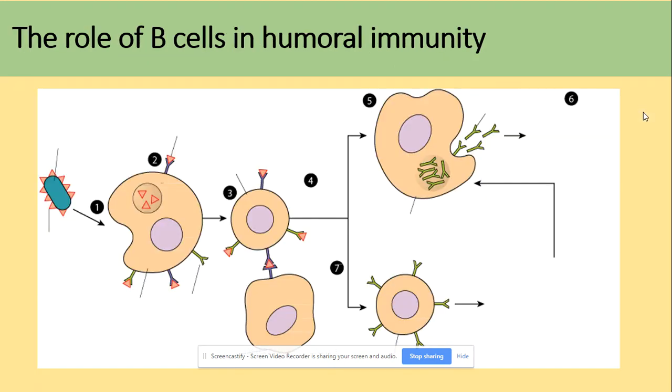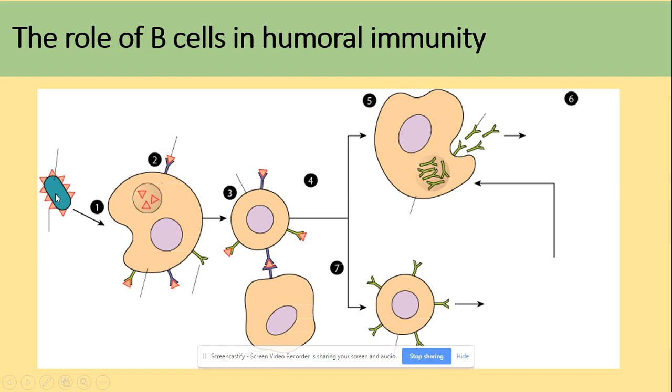So how does it work? Okay, so let's have a quick look at this diagram. Here we've got a pathogen. On the surface of the pathogen, we've got antigen, so your foreign protein. Here we've got the antigen presenting cell, so it's your B cell with the antigen displayed on its surface.